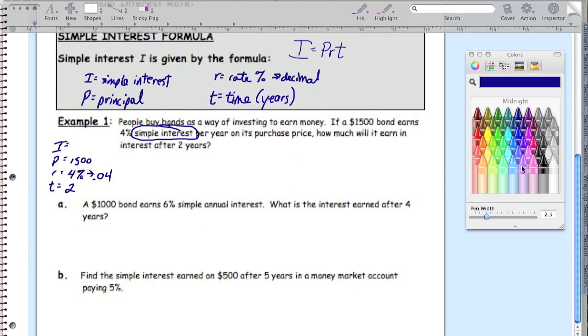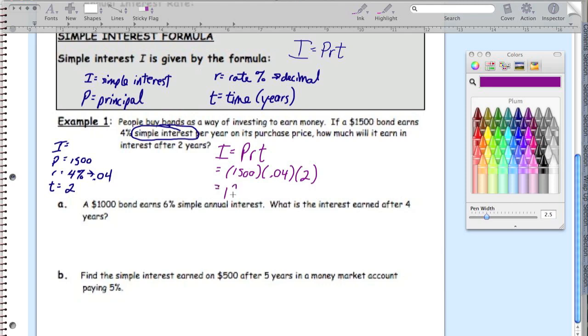So we're going to go ahead. I equals PRT. In place of P is 1,500, in place of R is 0.04, and in place of T is 2. Once you have the formula set up, you can just pull out your calculator and multiply those values together. So 1,500 times 0.04 times 2 tells us 120.